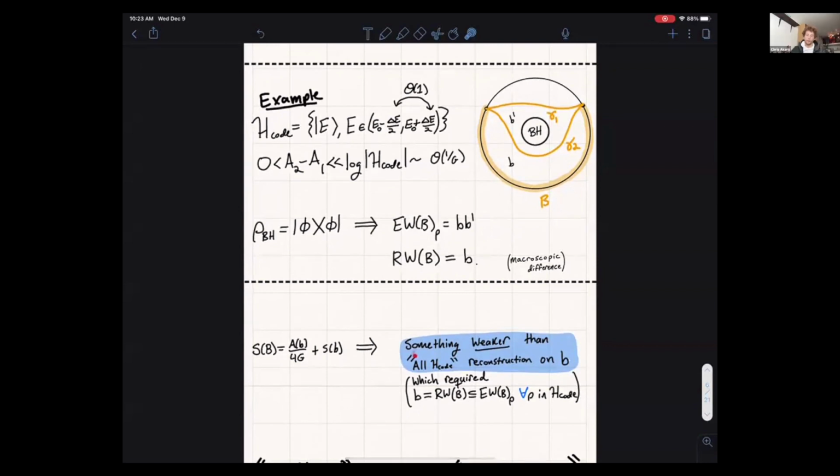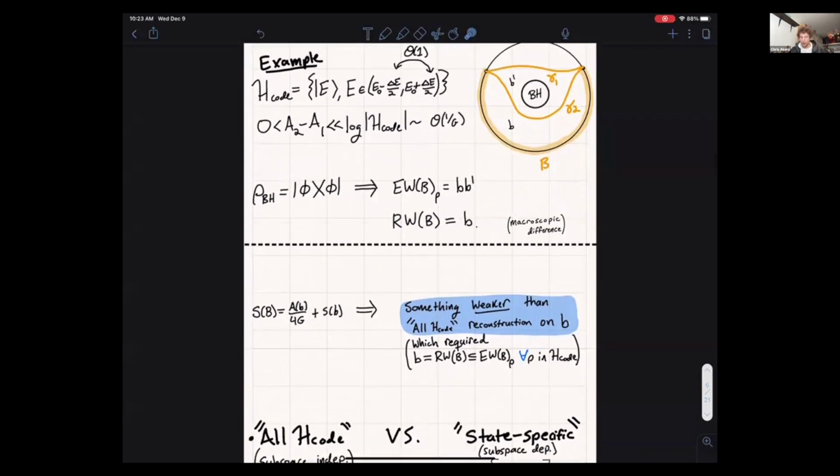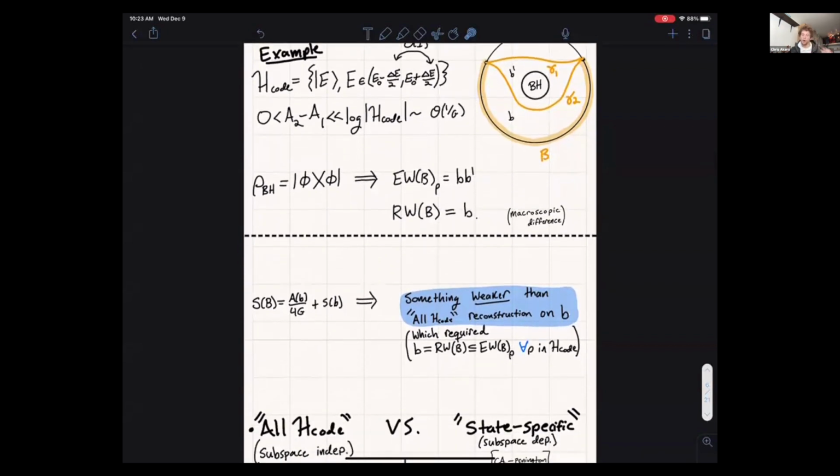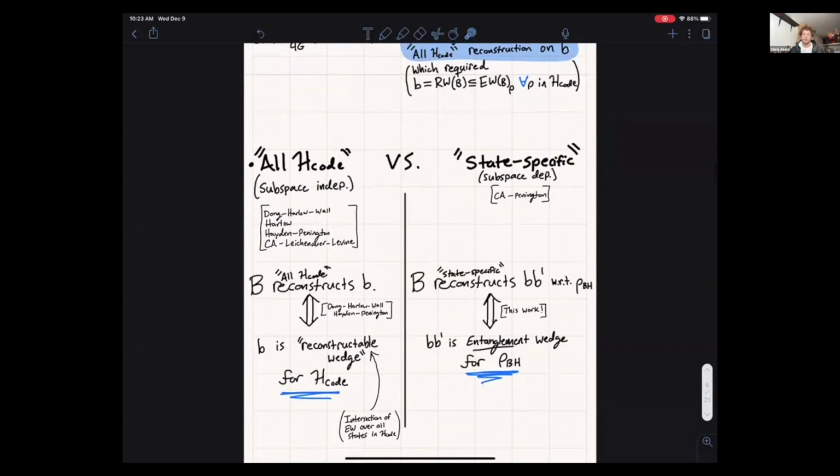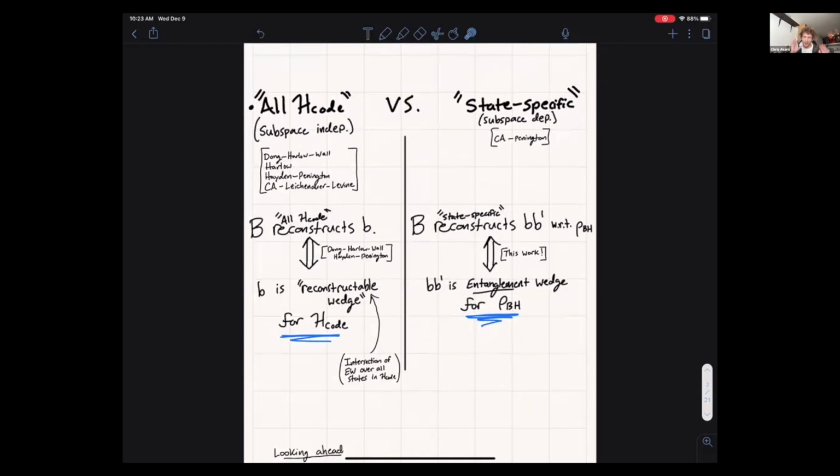The reconstruction we're looking for is something weaker than this all-H code reconstruction, because that was very strong. It required that B was in the entanglement wedge for all states in the code subspace, not just one state. To give the logical structure, the reconstruction we're used to talking about satisfied an equivalence: if you could do that reconstruction on little b, then little b was the reconstructable wedge, which was a feature of the code subspace.